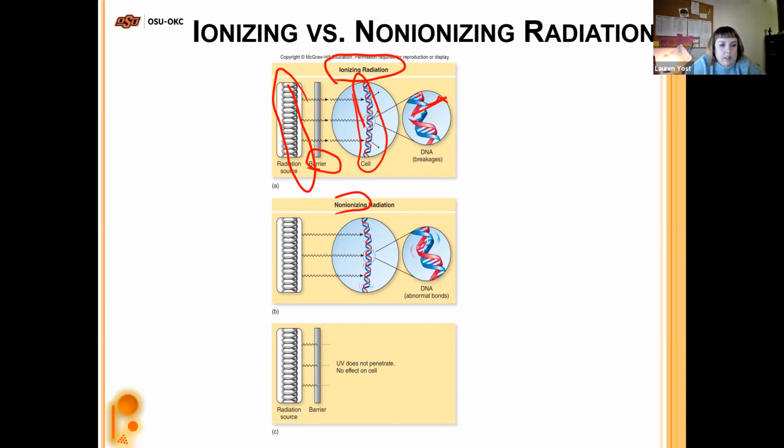Then non-ionizing radiation, like UV damage, we're going to have abnormal bonds forming. You can't really see it as well, but on that little red square that's formed, that's a bond, the red next to the red bound to it instead of across where it's supposed to be. So that's what's happening there. Yeah, and UV doesn't penetrate barriers.